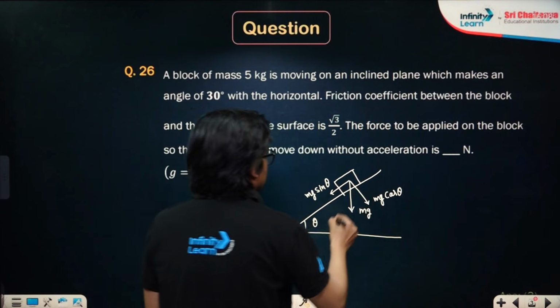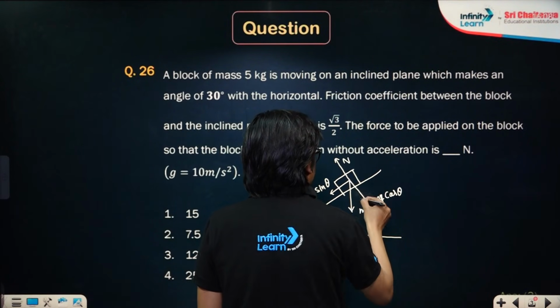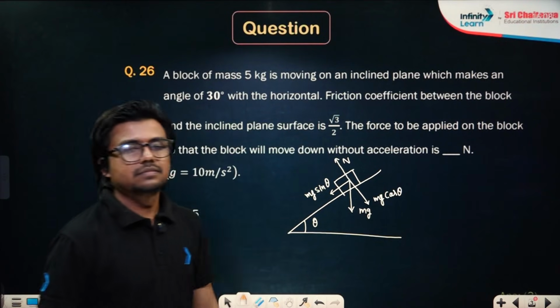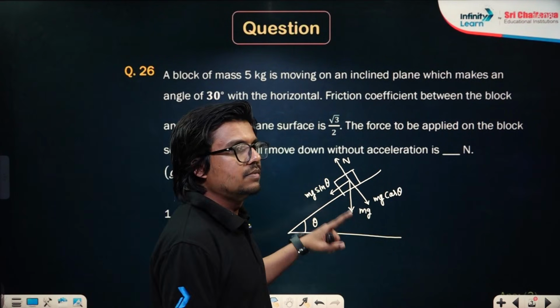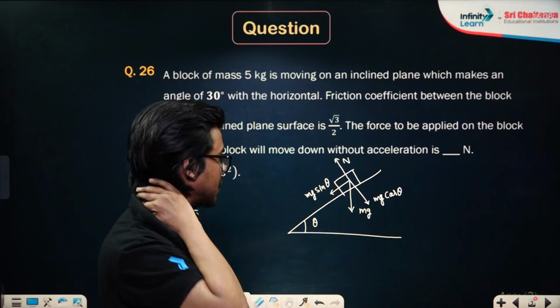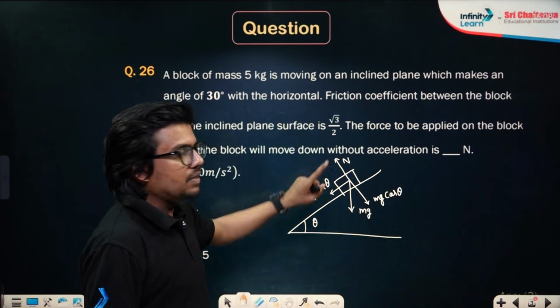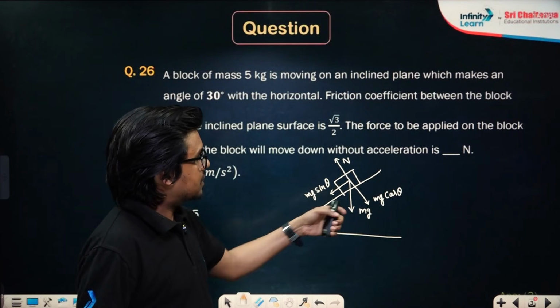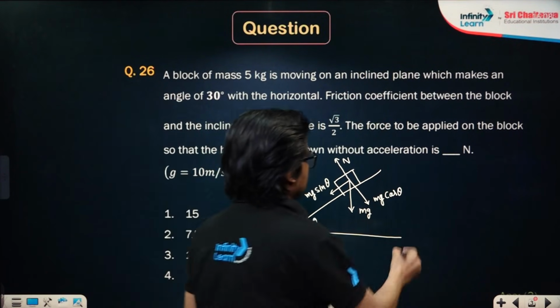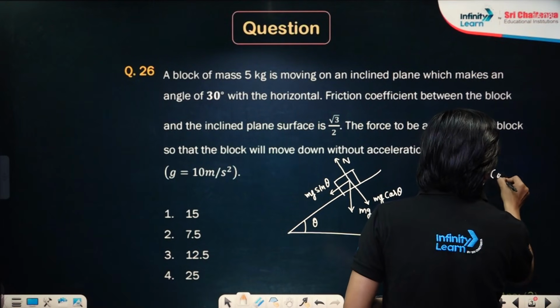Now the normal reaction is balancing the normal component of the weight, the component which is normal to the inclined plane. This normal reaction is acting opposite to mg cos theta. So I can write N is equal to mg cos theta.